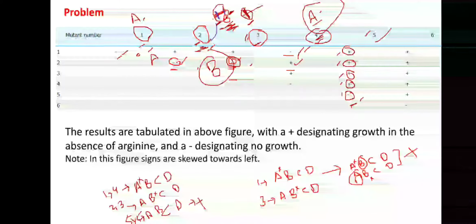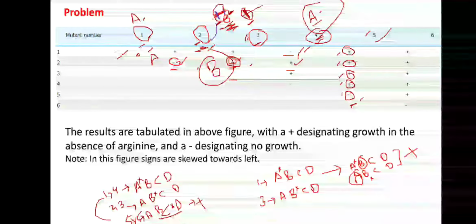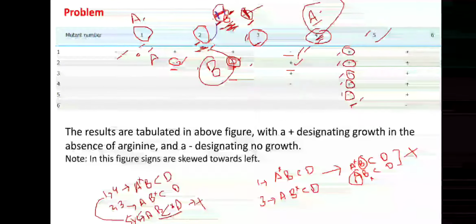So it is very much possible that the mutation is in gene C. Now when 1 will be crossed with 5, in 1, A is the only mutant. Here A is mutant, and in 5 C is mutant.